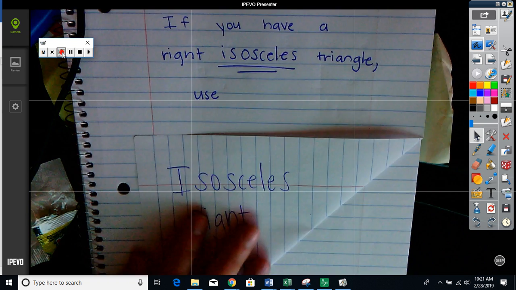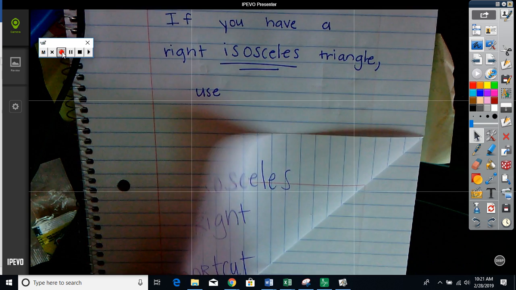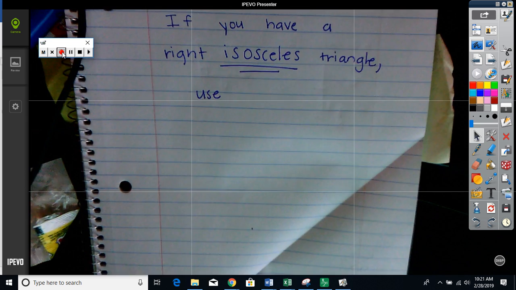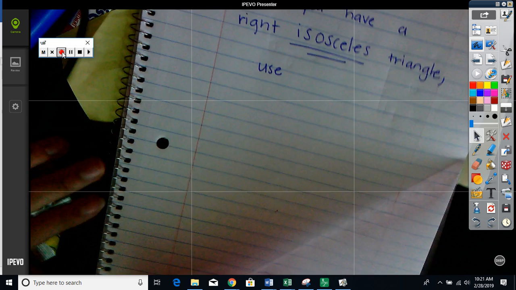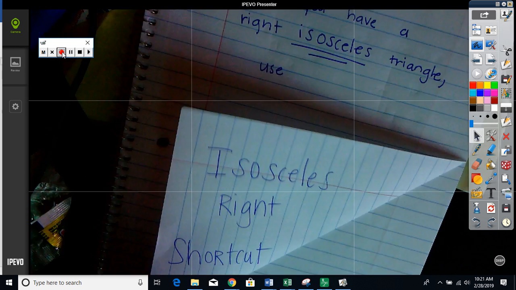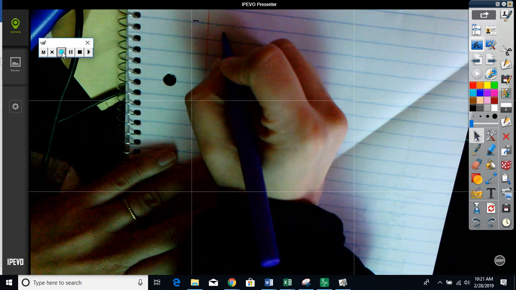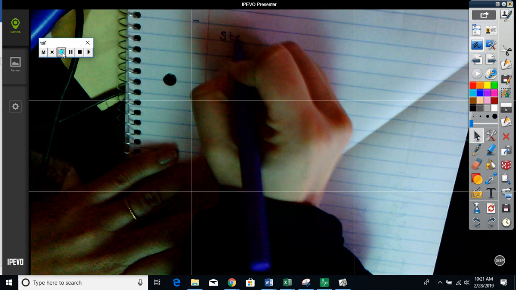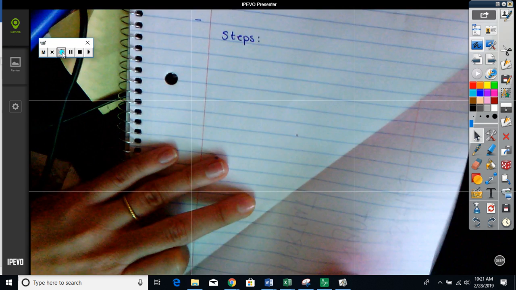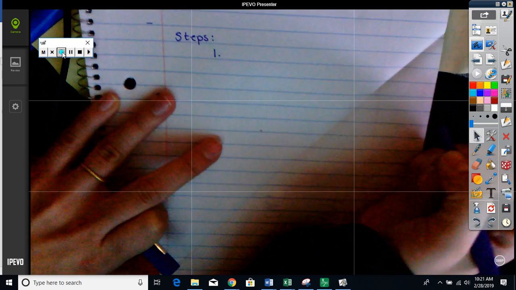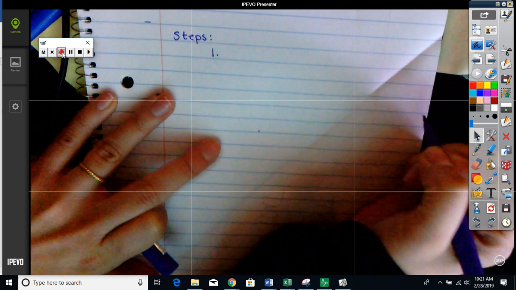So notice I'm going to open up this flap and we're going to write the steps of how to do it inside. Okay? Here are your steps. Make sure you take good notes so that you can use them in the future. So it's a shortcut, and so the first thing you have to do is make sure that you can use a shortcut.